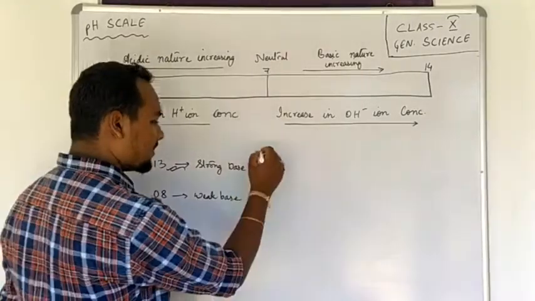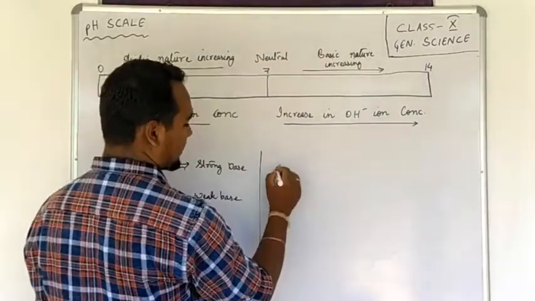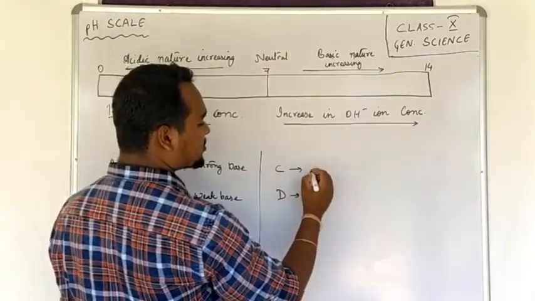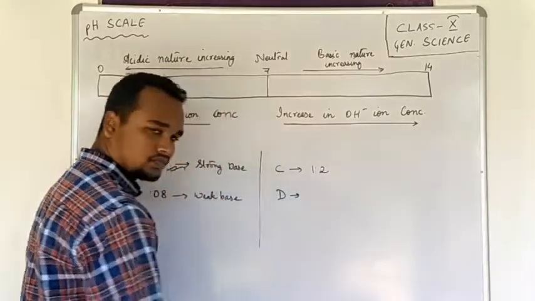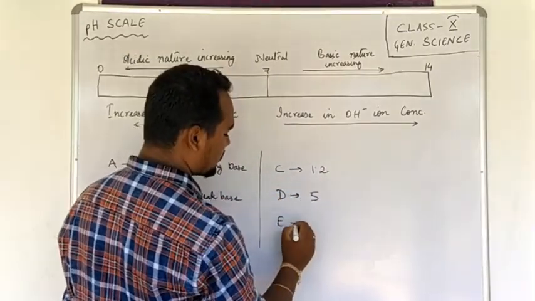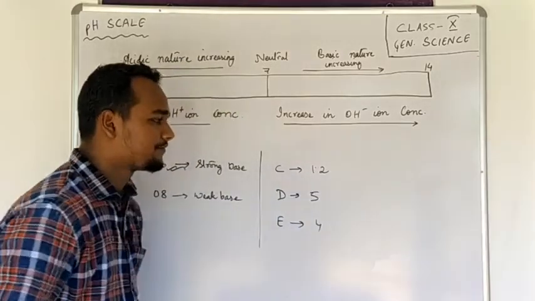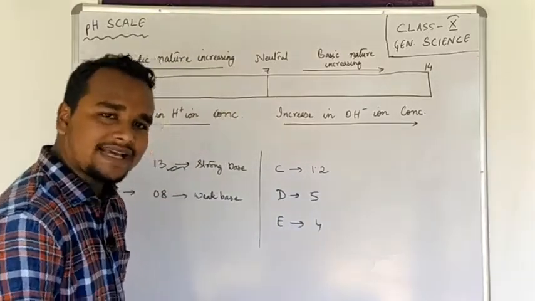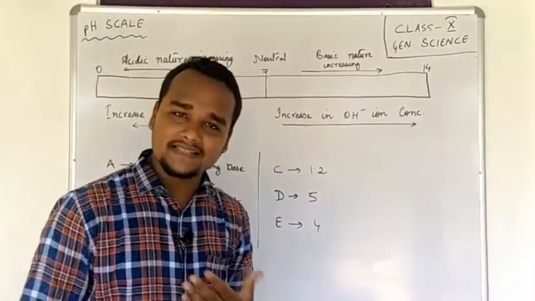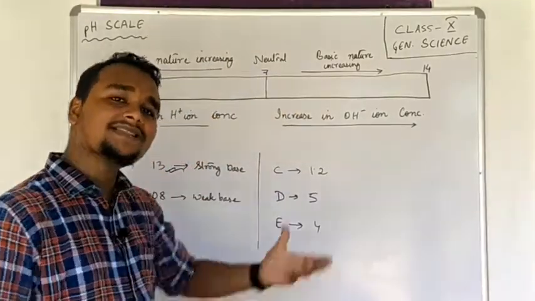Now let us see one more example here. I have another substance C and another substance D. The pH of this one is 1.2 and the pH of this one is 5. Let me consider one more substance, and this one is 4. Clear? Now are they acidic or basic? Since the values are less than 7, they are acidic.